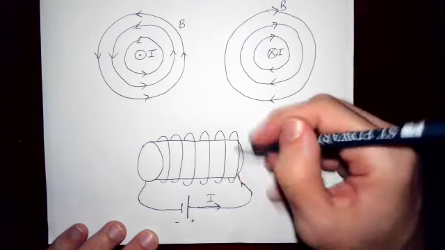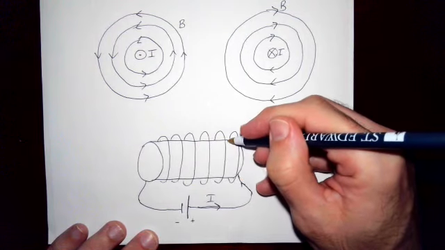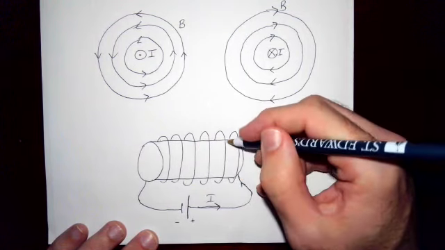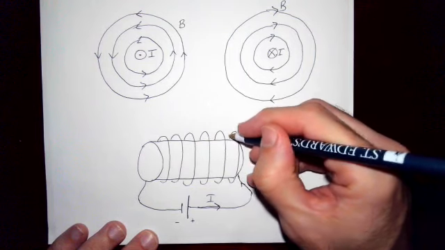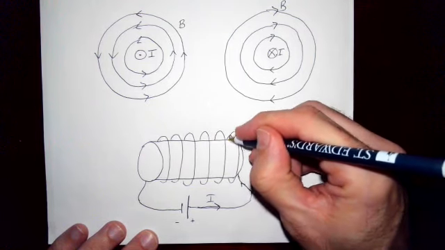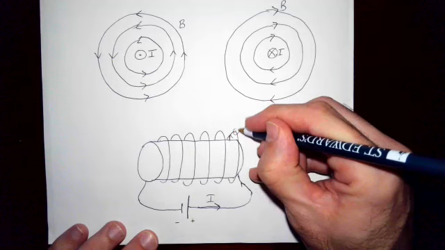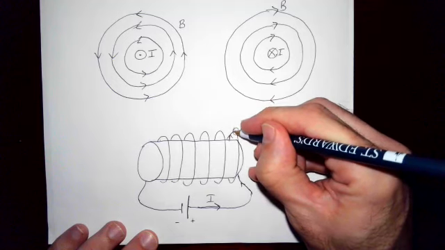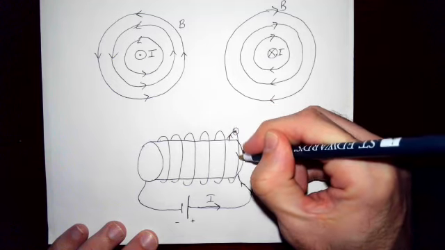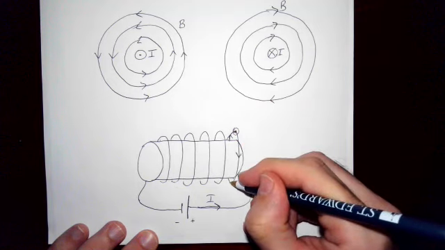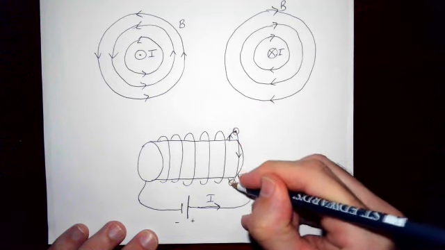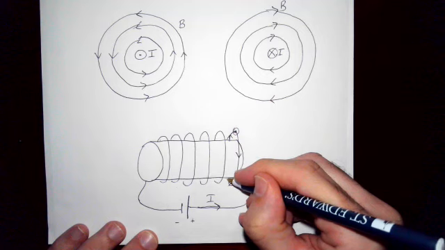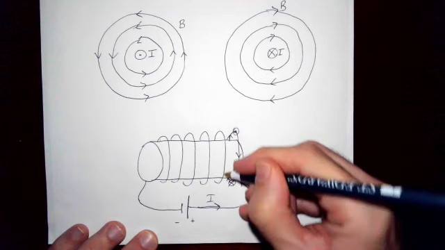And here, my attempt at drawing it is that it goes behind on the way up here, and it comes out up here. Here it's coming towards us as it comes over the top of the cylinder, and then it's going down. And then back here, it's going away from us. And then behind the cylinder, it goes up.